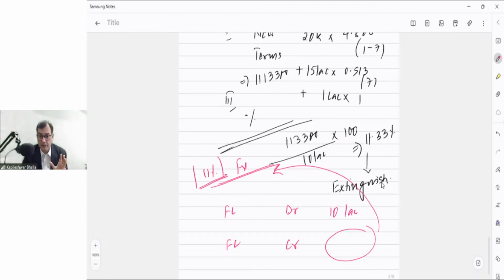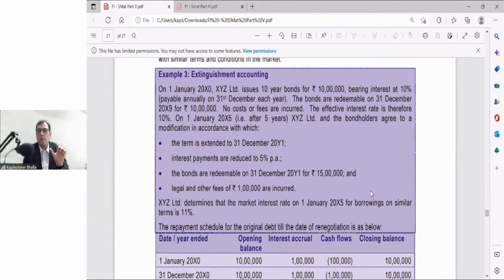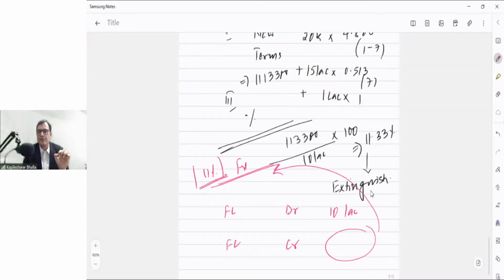On the date of modification, it is very clearly given in the question that the market rate of interest on similar terms is 11%. So we need to consider the fair value based on the new terms using the new EIR itself. So we can now consider that we're going to pay 50,000, and let's take a 7-year factor at 11%, and you're going to pay that 15 lakh rupees at the end of the 7th year. But don't take any TC.